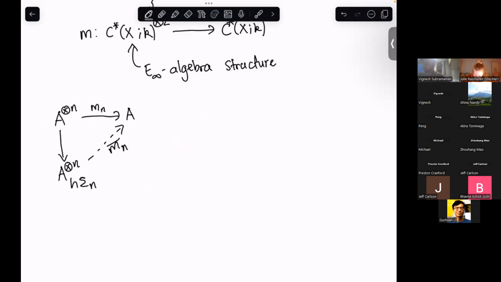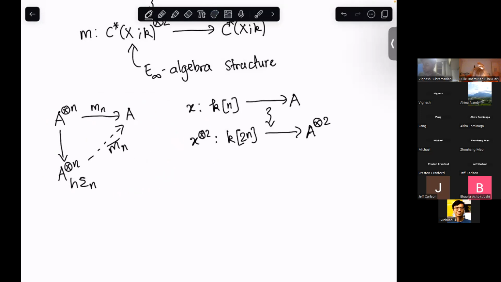But what does this give us? Let's pick a class in the nth homotopy group, giving a map like this. Remember, A is a K module, so we are giving a K module map. Then we can tensor it to the power 2 to get a map from K^n tensor power 2 into A tensor power 2. And then we can go further and take the homotopy quotient with respect to the swap action again.